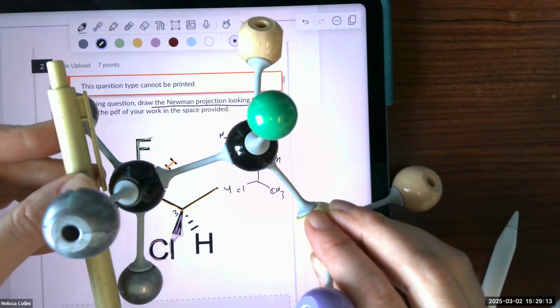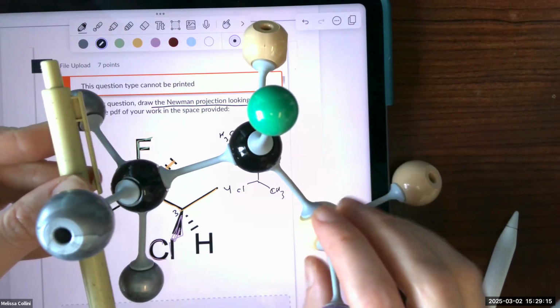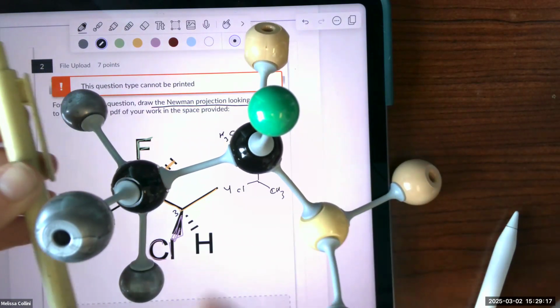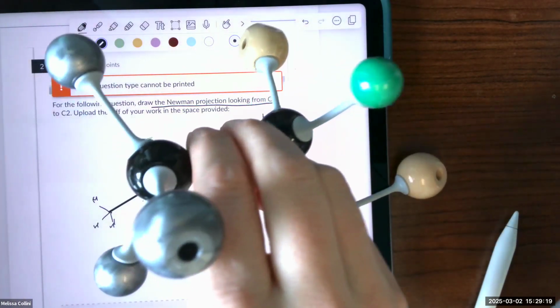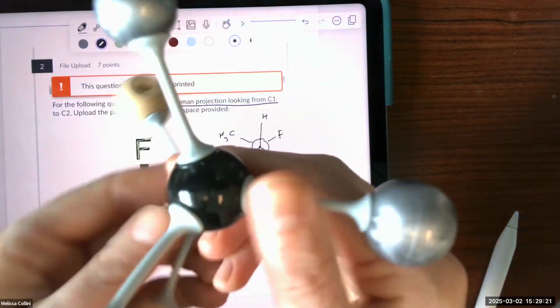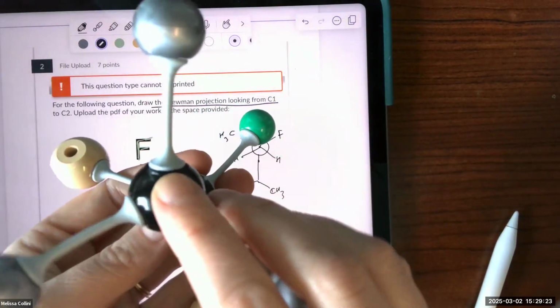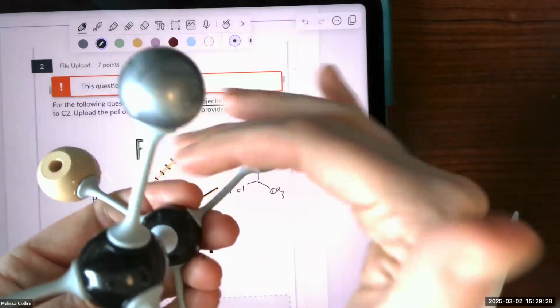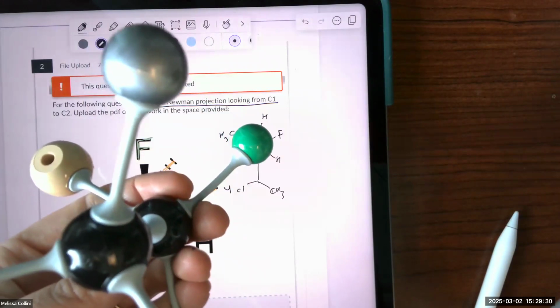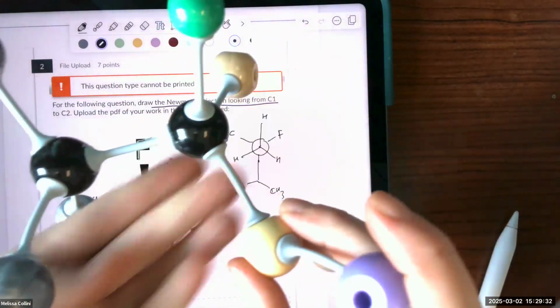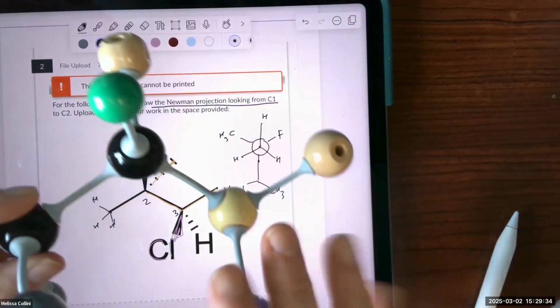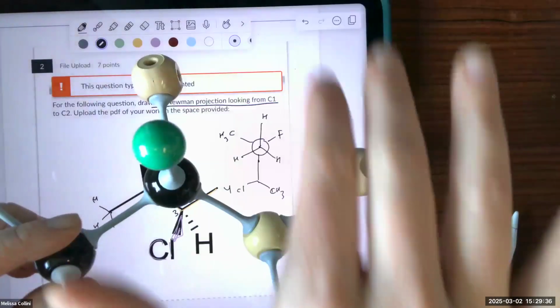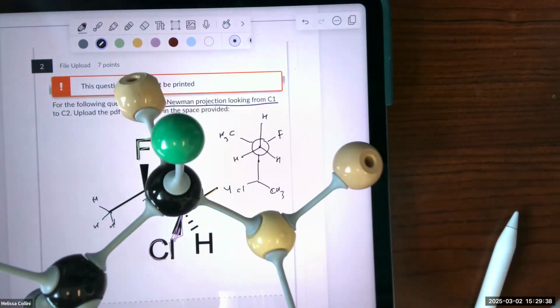And if I was doing that, then what would things look like? Now, some people, like one of your PLTL leaders always tells me that for him, it's easier to rotate it in his mind. And so he'll just rotate the molecule. But for me, if I try to rotate the molecule, things get mixed up and out of order. It's hard for me to keep them in place. So in my mind, I keep the model where it is and I walk around it. I imagine I'm a tiny person walking around it.